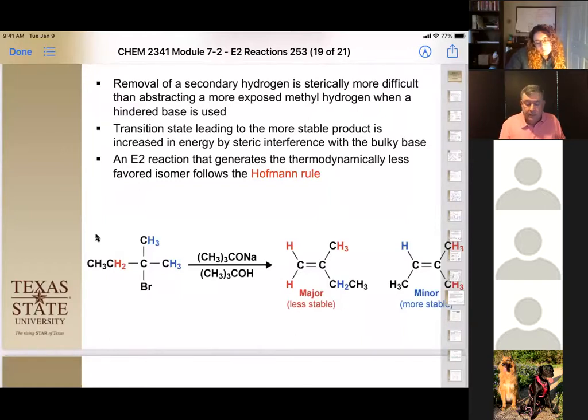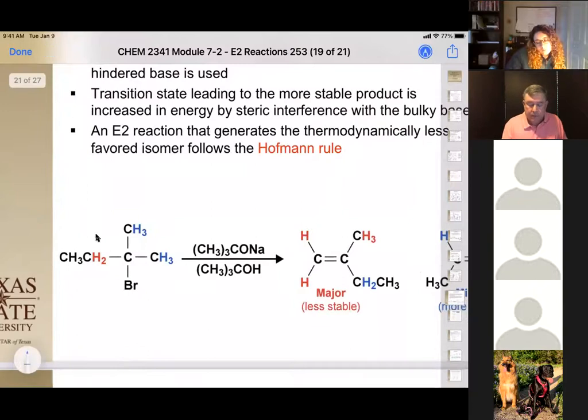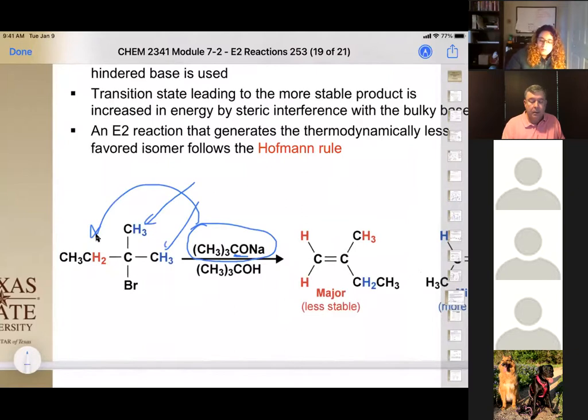product. So in this case here, notice how this base is written. Three methyl groups on a carbon, O and A. So that tells us it's t-butoxide, sodium t-butoxide. Okay, it's so big that it can't come over here most of the time and ends up taking away the hydrogens on those less substituted, the primary hydrogens instead of the secondary hydrogen.